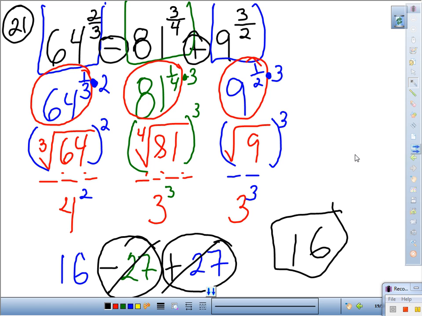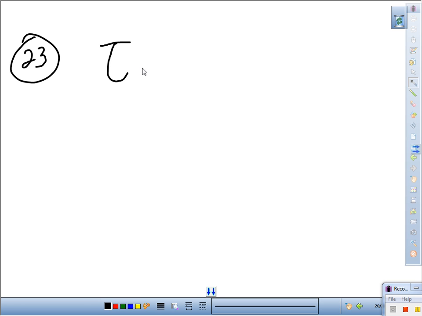Okay? All right. Let me go over one with the formula, because I know some of you struggle with that one. Look at number 23. They give us the formula T for time equals 1/4 times D for distance to the 1/2 power. Now for number 23, they give us 36 feet.